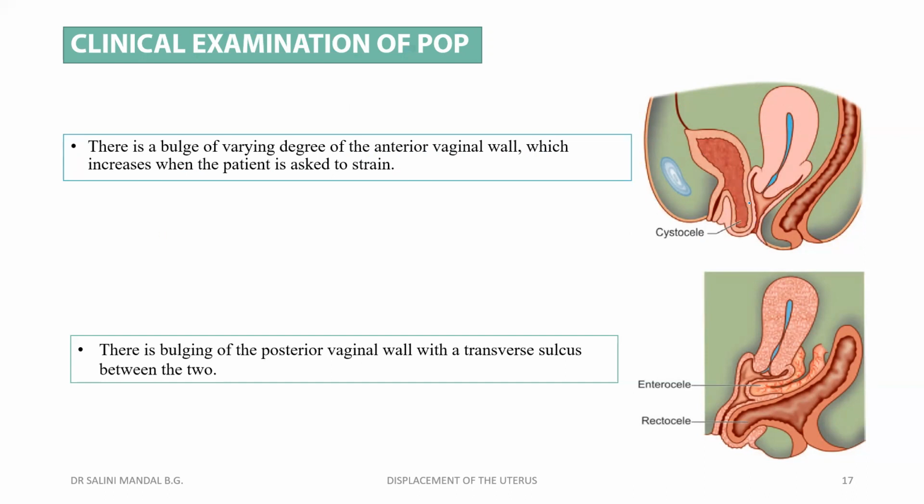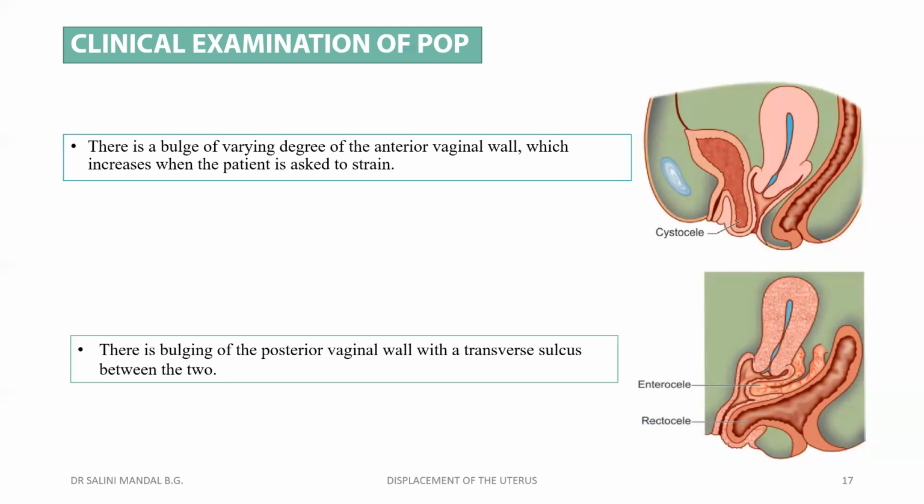Okay, so here what they say is, in case of a cystocele, there is a bulge of varying degree of the anterior vaginal wall, which increases when the patient is asked to strain. Now this may be seen on inspection. So what will happen in cystocele? When we ask a patient to strain, there will be varying degree of bulge of the anterior vaginal wall.